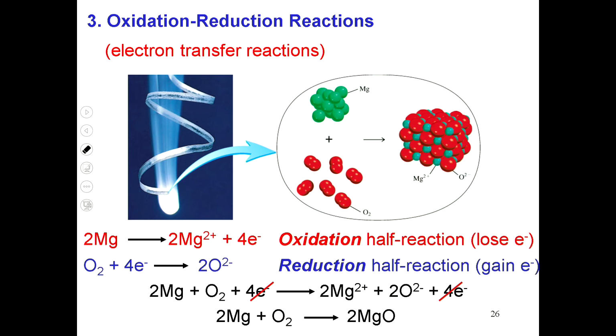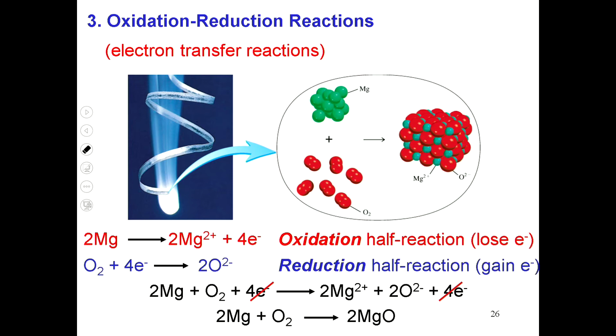So for this one, it loses electrons. It's called the oxidation half reaction. For oxygen, it gets electrons, and that is called the reduction half reaction.